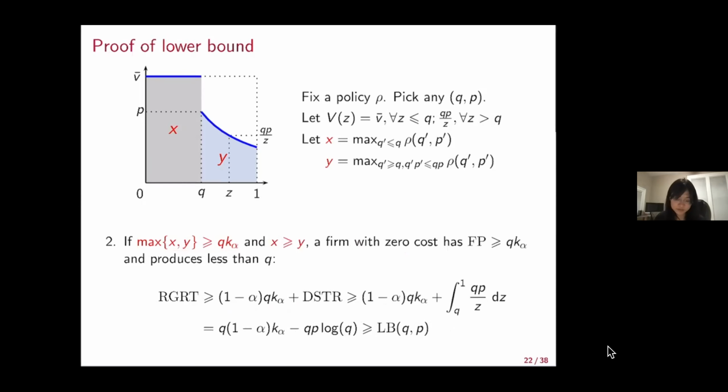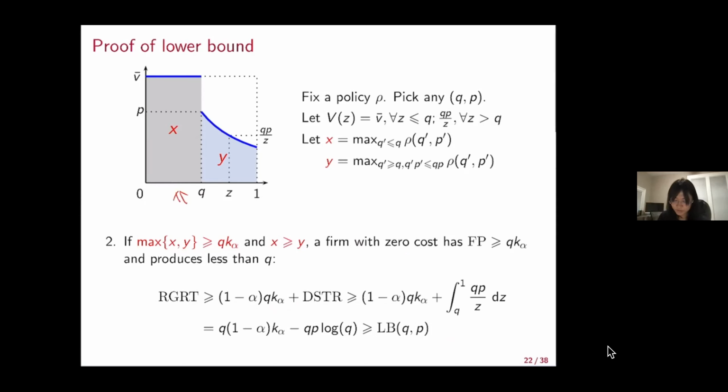The second scenario is that the maximum of X and Y is greater than Q times K alpha, but X is greater than Y. So in this case, a firm with this demand function and zero cost would never go beyond Q. Now you are going to suffer regret from two fronts.